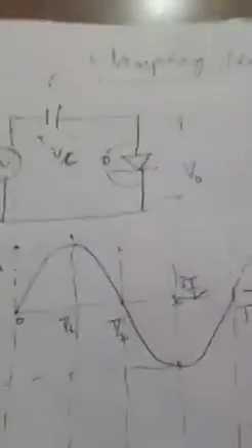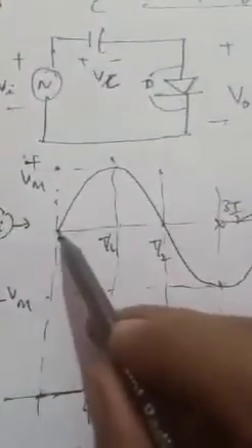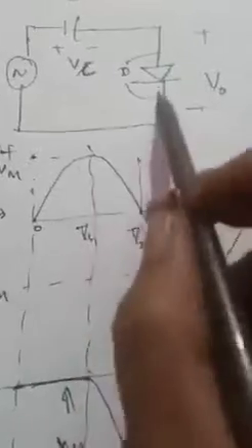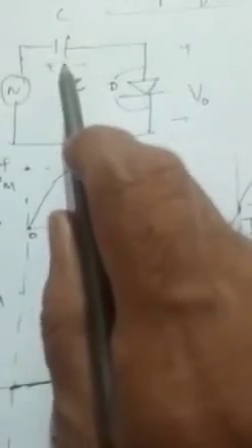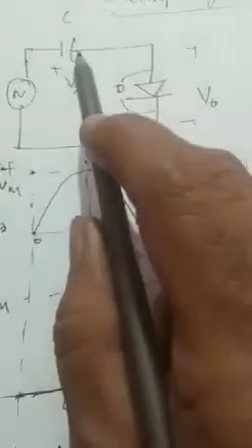Then see how the circuit will operate. Initially, whenever the input is applied from 0 to Vm, during this positive peak, the diode is forward biased. The moment the capacitor is connected, the capacitor will not allow fast variation signals.